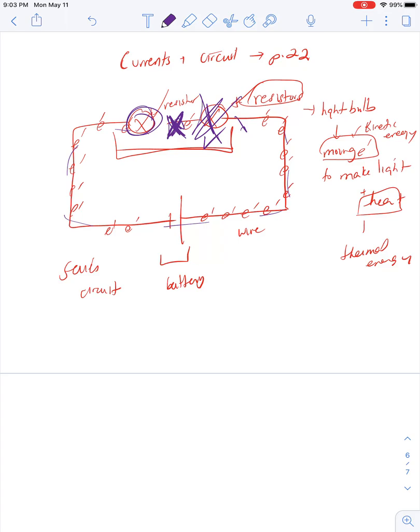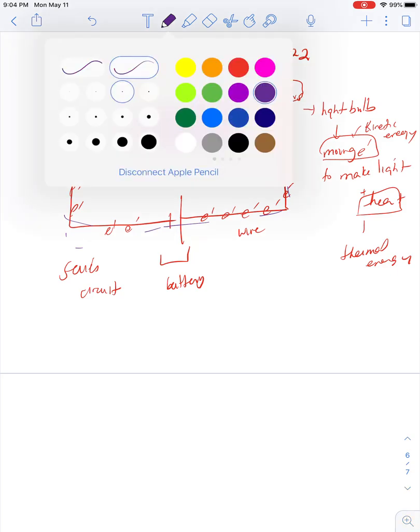So if one resistor or one light bulb breaks, then everything in the circuit is not going to work either. Because if this is broken, then the electrons have no path to travel, and so how will the electrons come back to even light that lamp up? So that's a series circuit.